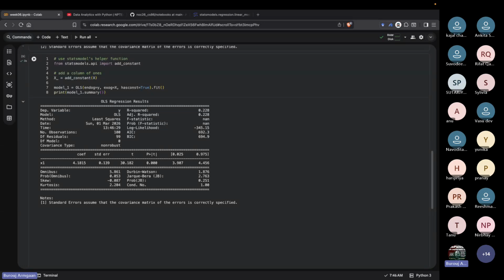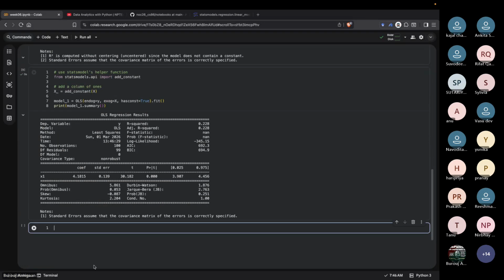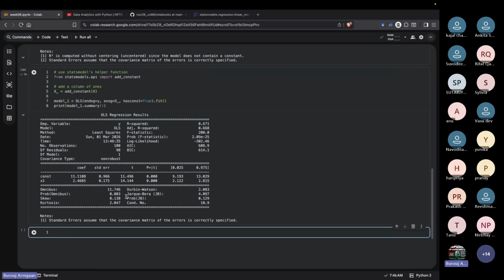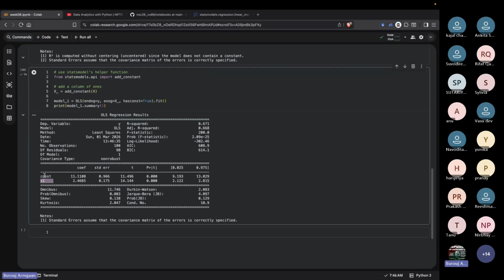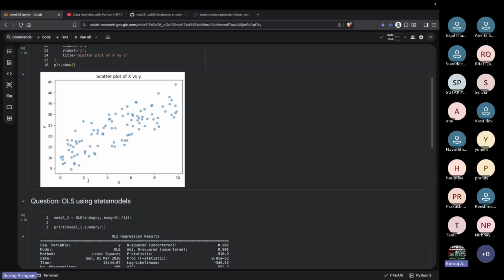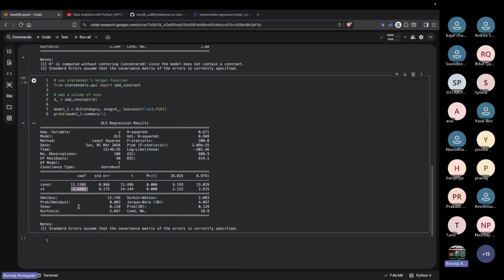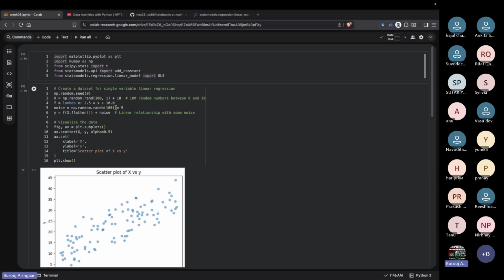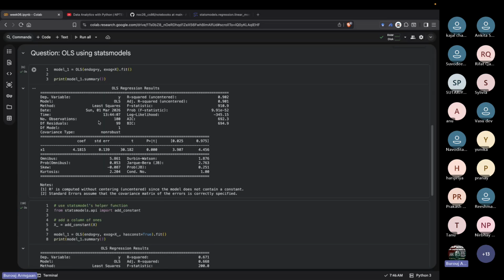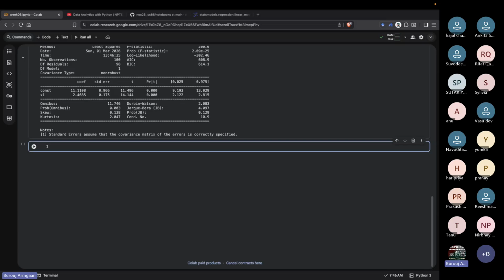And then we print the summary of x bar. You would notice that now we are getting x1 as well as the constant, and we are pretty close. So it's 2.4685. Our original is 2.5, so almost the same. Similarly, the coefficient is 11.11, and we had actually set it to 10. So we're pretty close. We can also visualize the same thing.